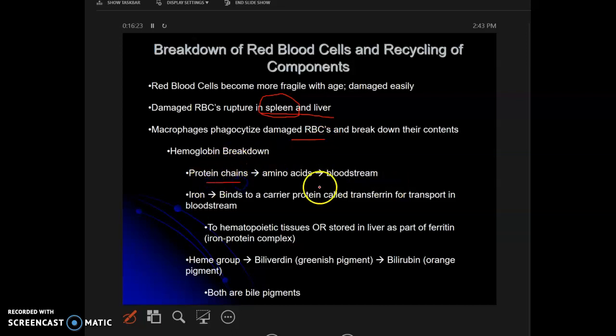The protein chain is easy, broken down into amino acids. Iron is bound to carrier protein, forms transferrin, transported in the bloodstream, taken to the liver and stored in the form of ferritin. The heme group breaks down into the bile salts. What are the bile salts? Biliverdin and bilirubin. These are the bile pigments, bilirubin and biliverdin.